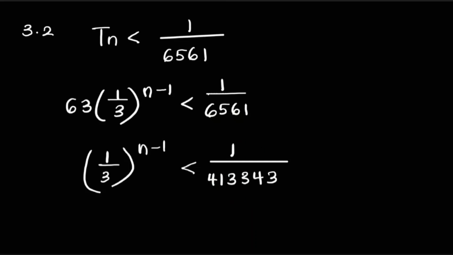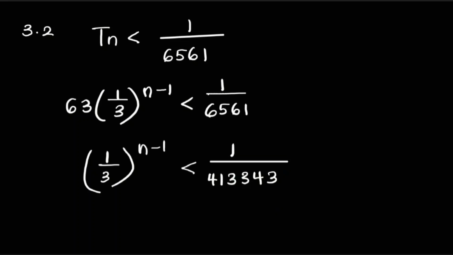However, we can try playing around with this, and you can try this as well on your calculator. 1 over 3, we're going to raise it to quite a few powers to check if we get this. But the problem is that we are not able to get any exponent of 1 over 3 that gives us this fraction. So if it does not work out, we have log.